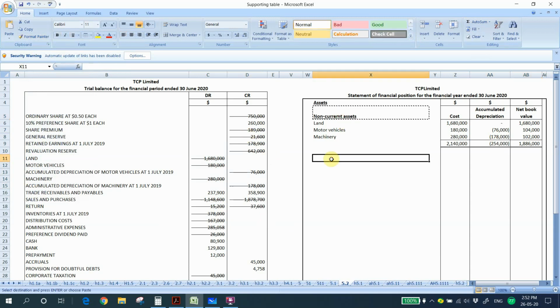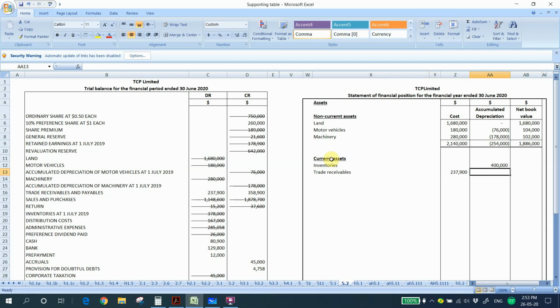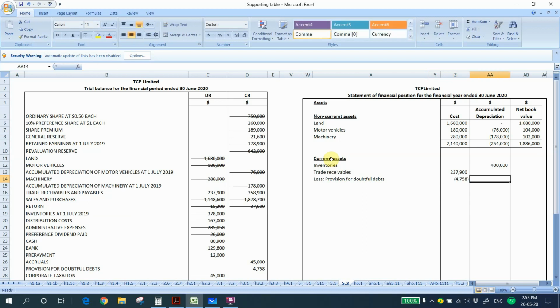Next, followed by current asset. Current asset, we start from inventories, which is 400,000. Followed by trade receivables. Your trade receivable is 237,900. However, you need to minus the provision for doubtful debts. Your provision for doubtful debt is 4758.